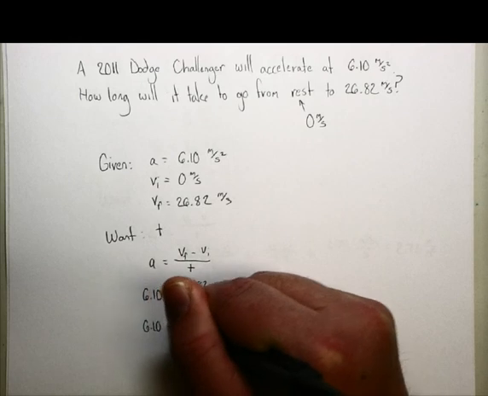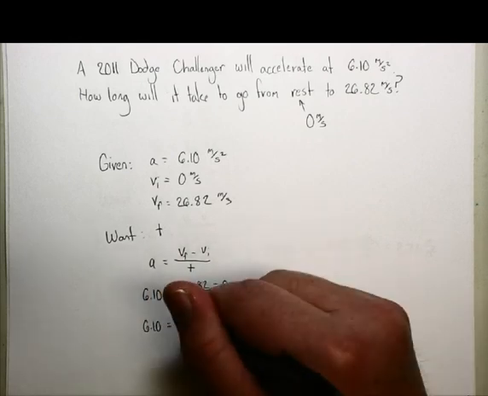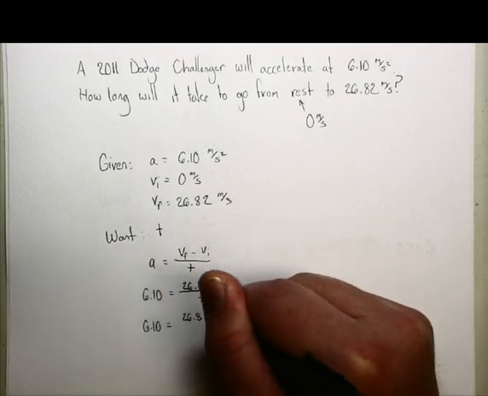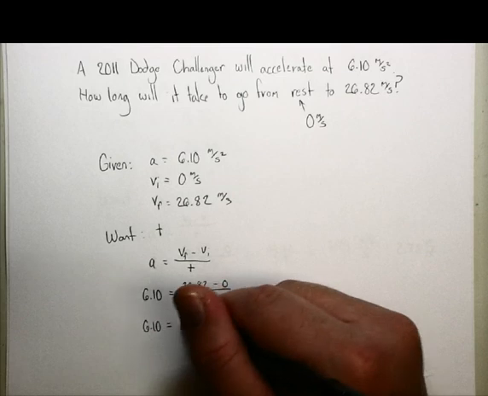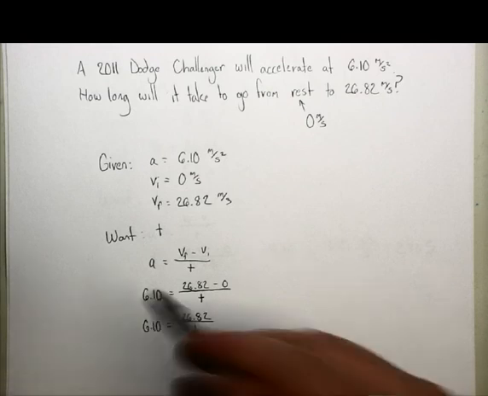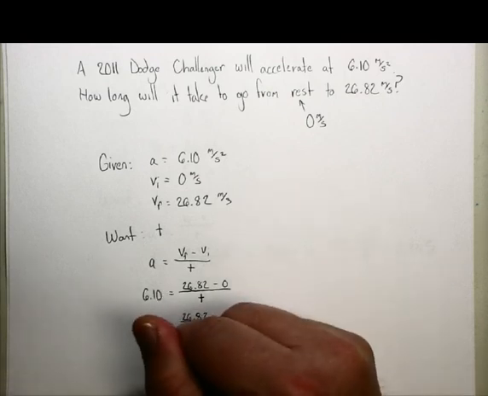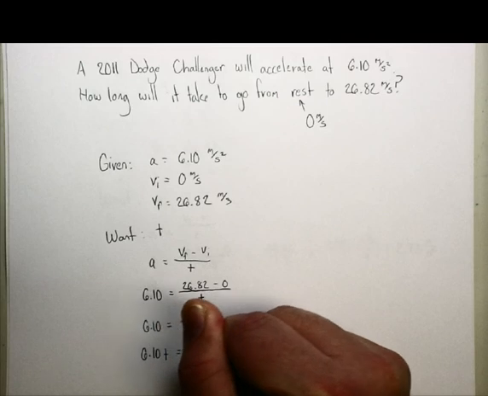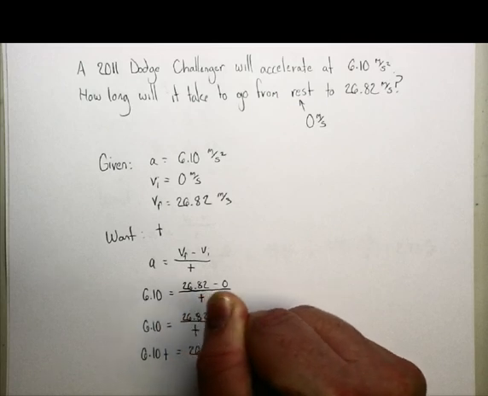So 6.10 equals 26.82 minus 0 is 26.82. And that's divided by time. Now remember, I said don't leave fractions any longer than you have to. In order to get rid of a fraction on one side of an equation, multiply by the denominator, and that will cancel both sides out. So I multiply both sides by t, and I'm left with 6.10t equals 26.82.